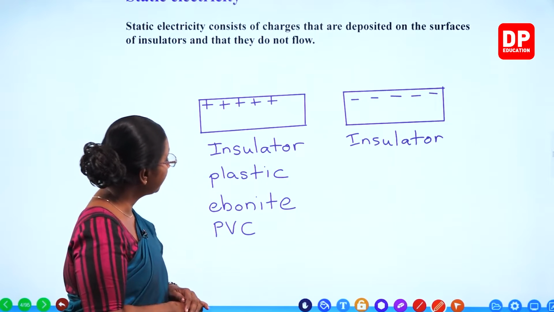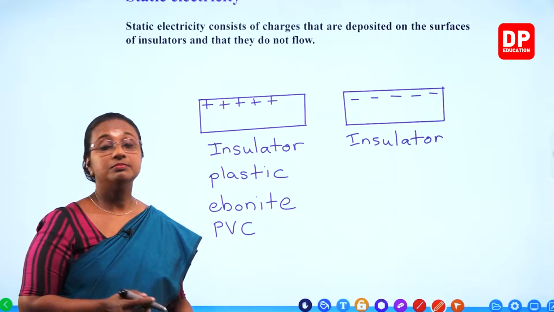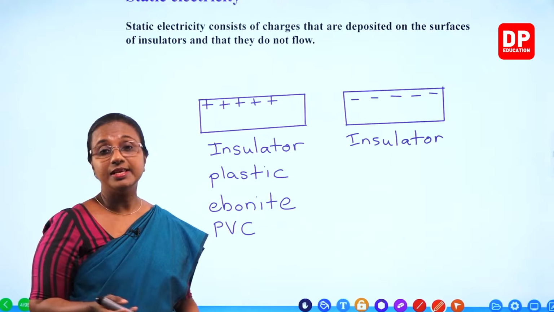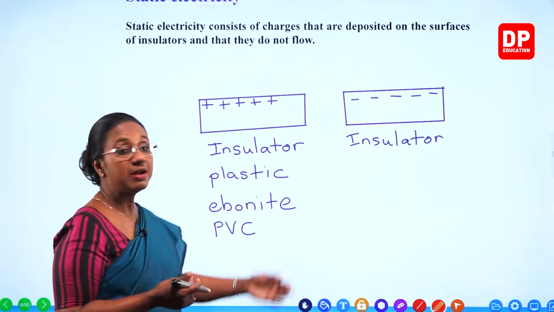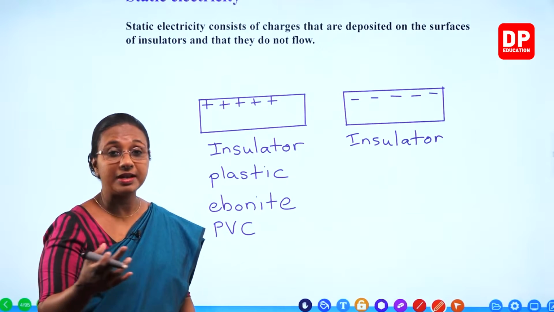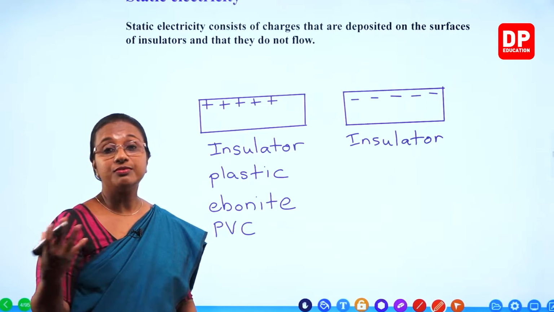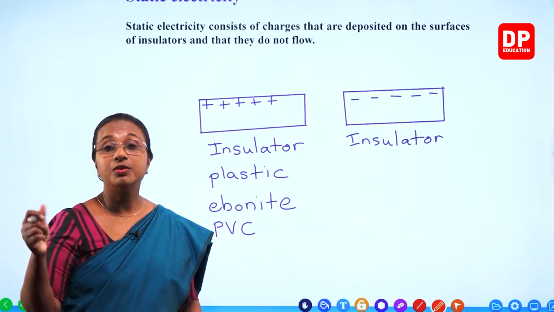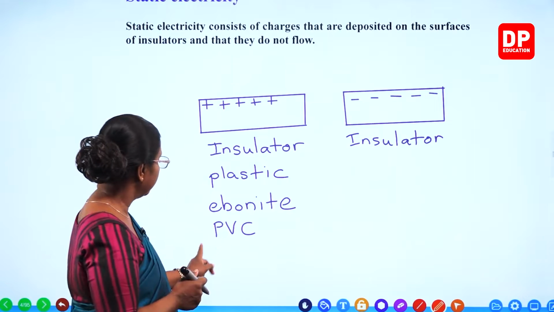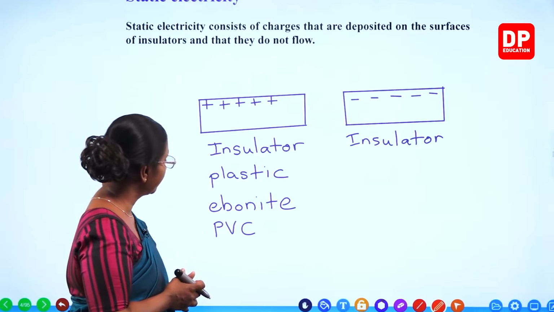When we say plastic, we can take a plastic straw or a comb, all objects made up of plastic. Then ebonite, you all know what ebonite is, an ebonite rod. Ebonite is used in legs of furniture and sometimes in door knobs. Then PVC pipes. So these are some examples of insulators.